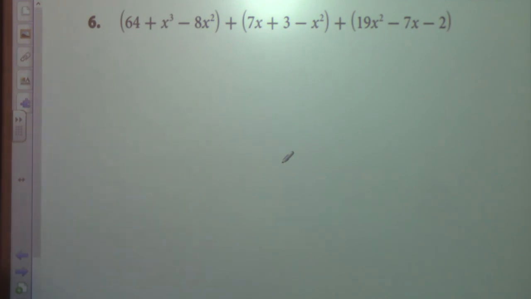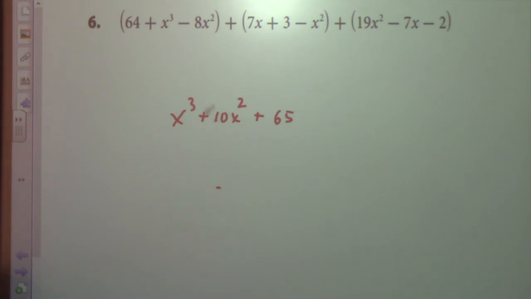All right. What do we got here for this? I have x cubed plus 10x squared plus 65. Okay.